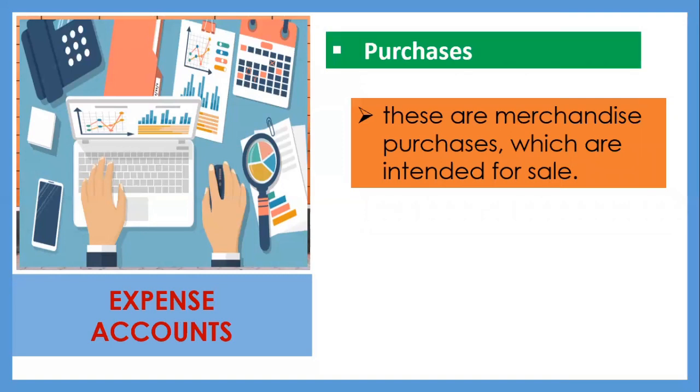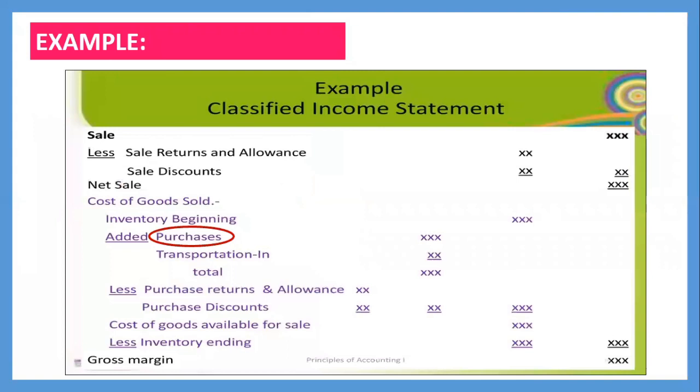Now, how will it appear in our income statement? This is an example of our income statement. You have there sales less your sales returns and allowances and sales discounts as well. So sales less these would be your net sales.